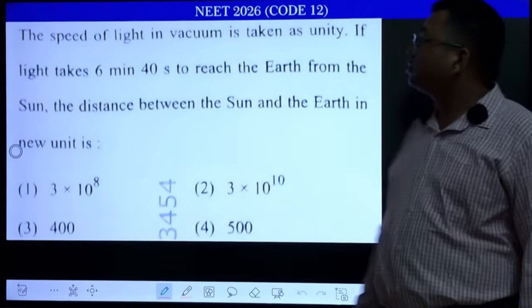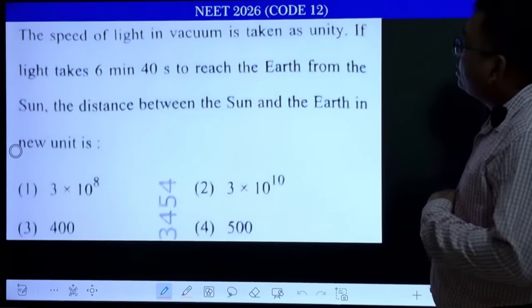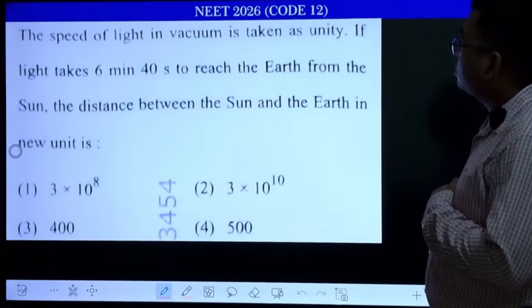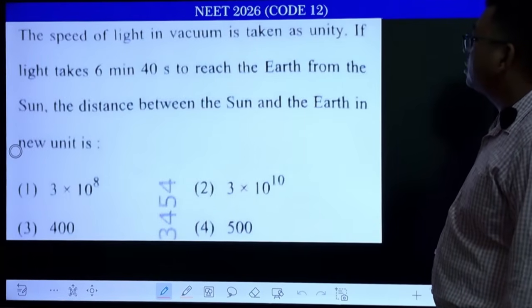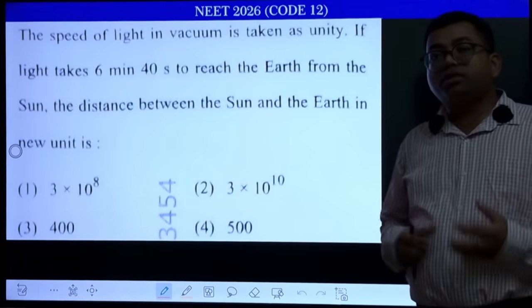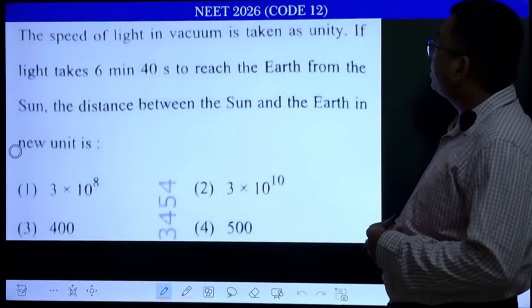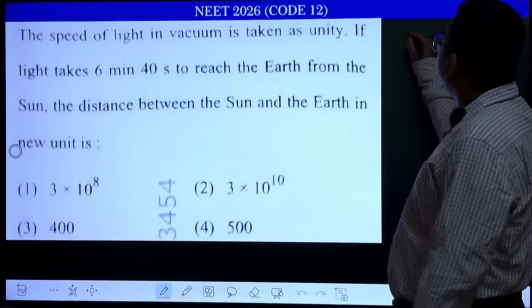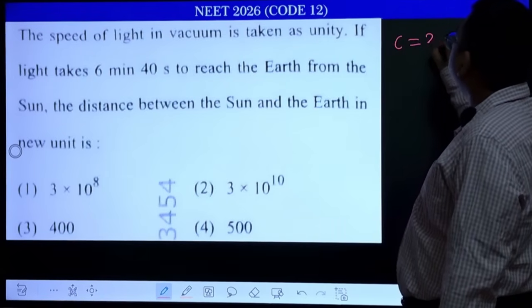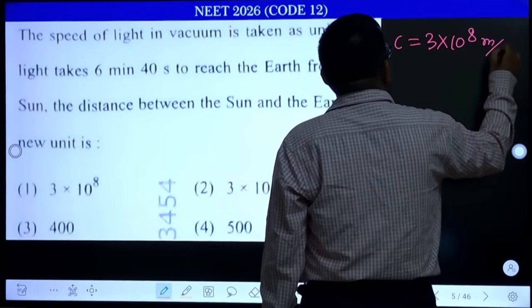Next question is, the speed of light in vacuum is taken as unity. If light takes 6 minutes 40 seconds to reach the earth from the sun, the distance between sun and earth in unit. There is a new system of units they are taking in terms of speed of light. So what is the speed of light? Let us write 3 into 10 to the power 8 meter per second.